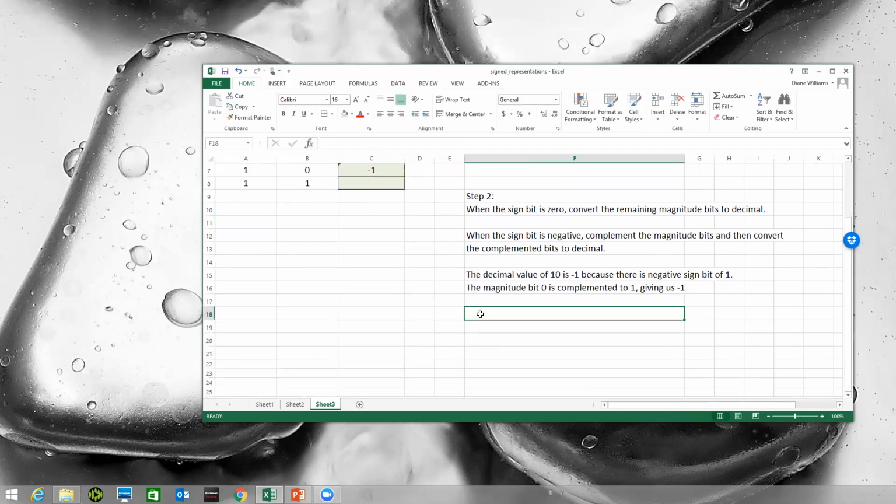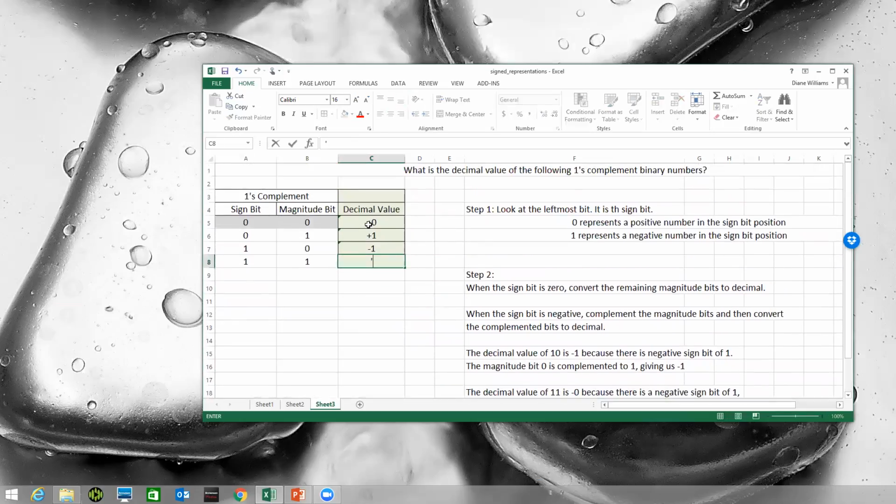All right. Now let's take the decimal value of 1, 1, which is minus 0. Because there is a negative sign bit of 1, we complement the magnitude bit 1 to 0, giving us minus 0.